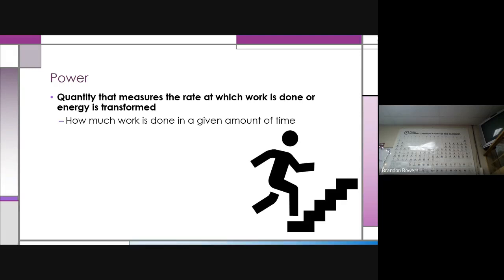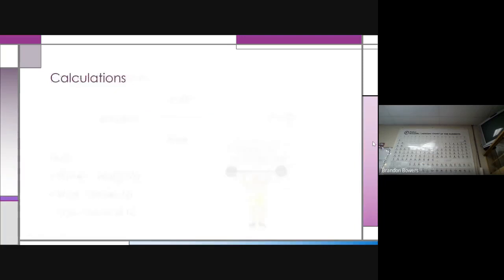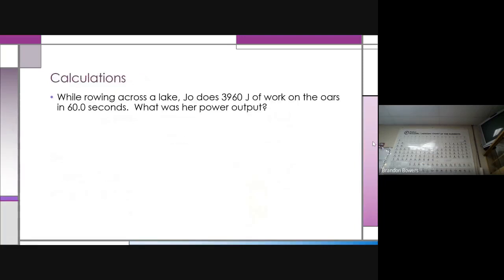All right. So let's check out one example problem of this, and then we'll get into our activity. While rowing across a lake, Joe does 3,960 joules of work on the oars in 60 seconds. What was her power output?